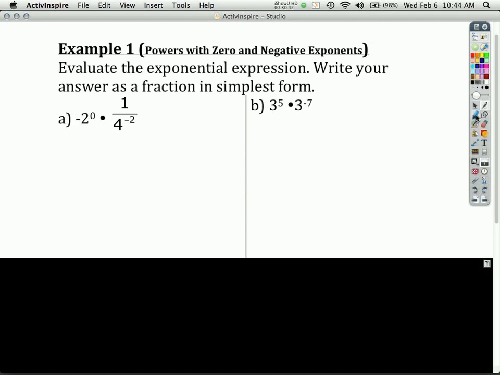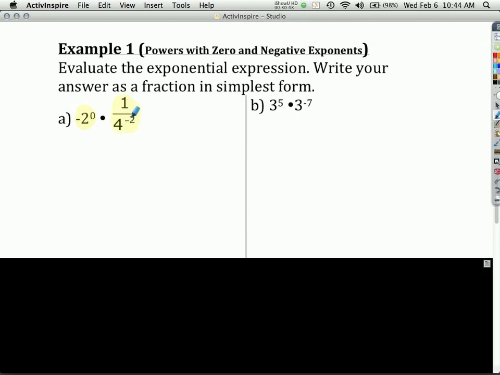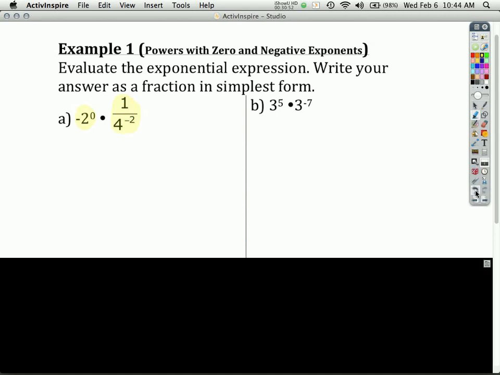So, we have a multiplication problem. We have negative 2 to the 0 power times 1 over 4 to the negative second. So let's pretend that that second part is not there, and let's just deal with it one piece at a time so that we can have some sanity.